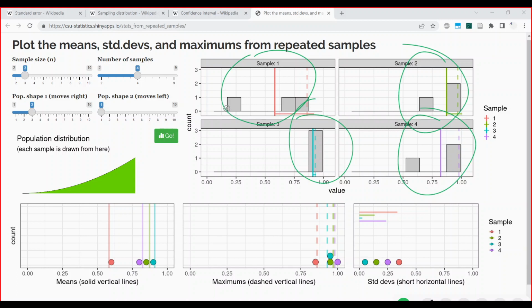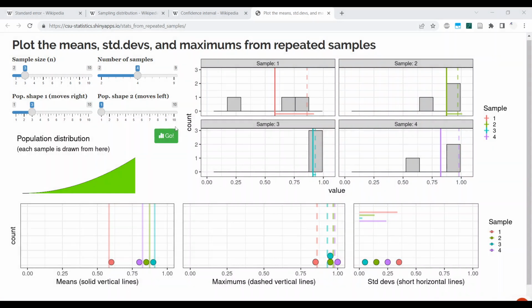These gray bars are all samples of data, and then there are plots showing values of statistics. Down the bottom, these are values of statistics. On the top, values of data. It's very important to make this distinction. Let's see if we can get some other useful concepts nailed in here. Here I've got my distribution from which my data have come.